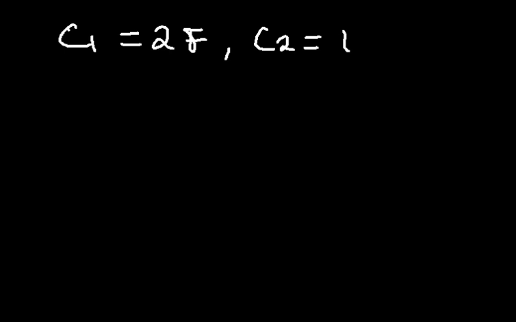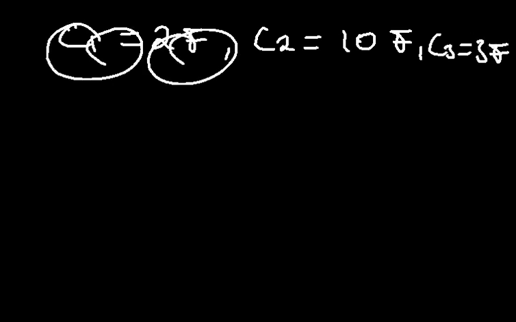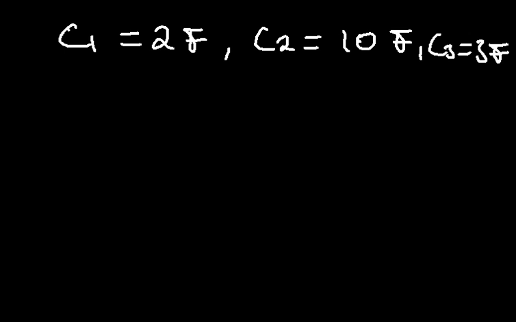Let's say we have 3 capacitors connected in series. C1 is 2 farad, C2 is 10 farad, and C3 is 3 farad. What is their total or equivalent capacitance in this case?